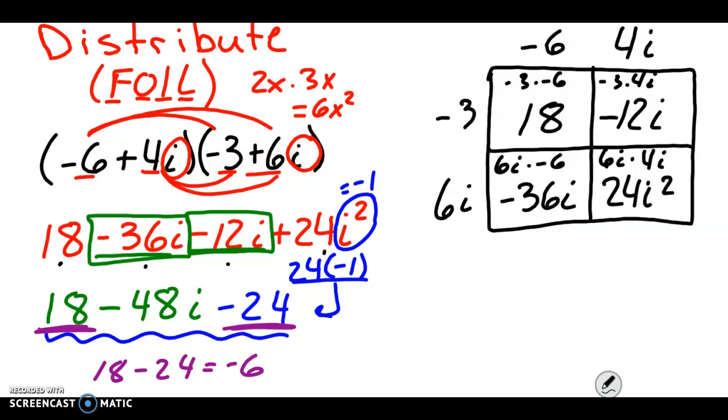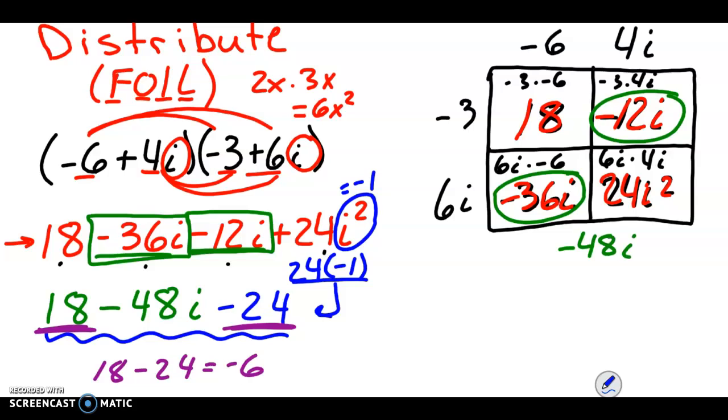And then you just need to make sure that these 4 terms, notice how whether you're doing the FOIL method or the box method, you end up with those same 4 terms that we did over here when we FOILed. Now we just need to do the same thing where we combine the like terms. Okay? So -36i and -12i are going to combine to be -48i.